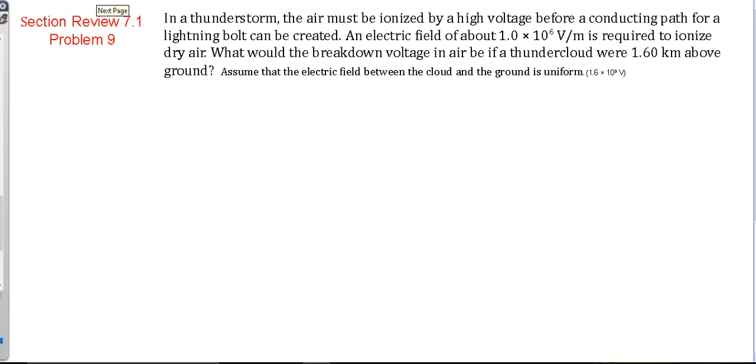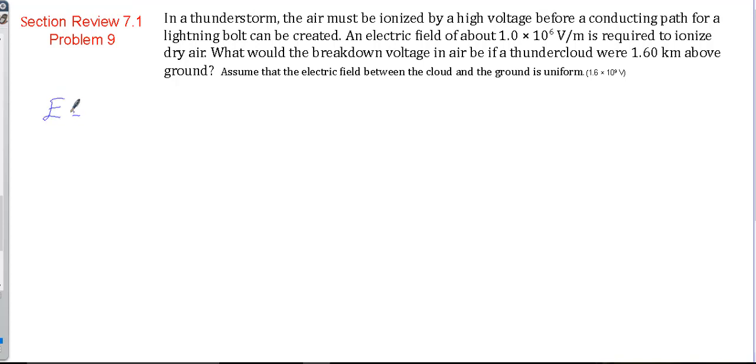9. In a thunderstorm, the air must be ionized by a high voltage before a conducting path for lightning forms. An electric field of 1.0 × 10^6 volt per meter is required.